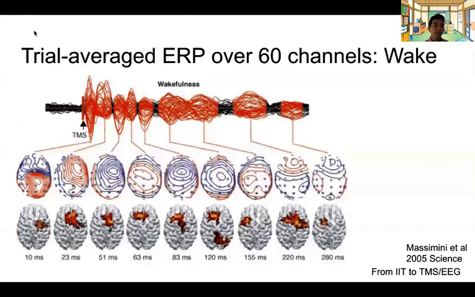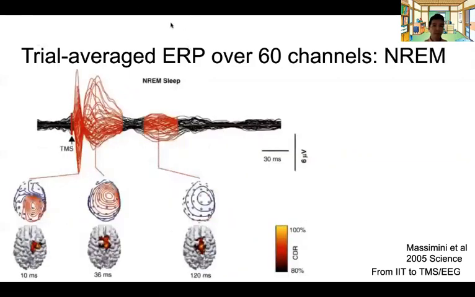And then the next one is the pattern generated by TMS during non-REM sleep. Again, during non-REM sleep, most of the time, dream is not experienced. Here, the initial activation is stronger than in wakefulness, as I mentioned. The magnitude is much, much bigger here, and I'm going to ask about that in the quiz.